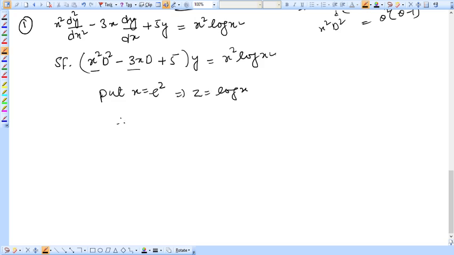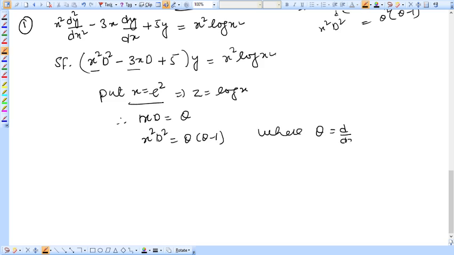When you substitute x equal to e raised to power z, we get x d equal to theta, and x square d square equal to theta into theta minus 1, where theta stands for differentiation with respect to z.